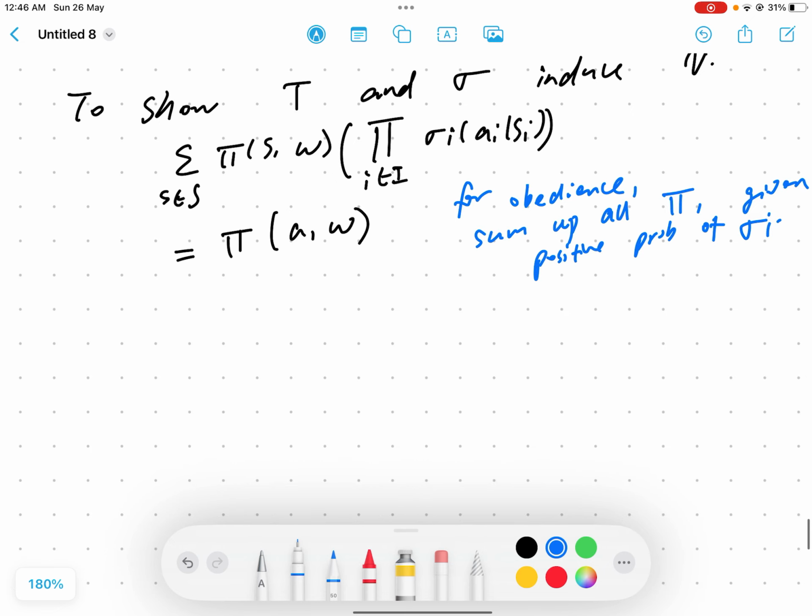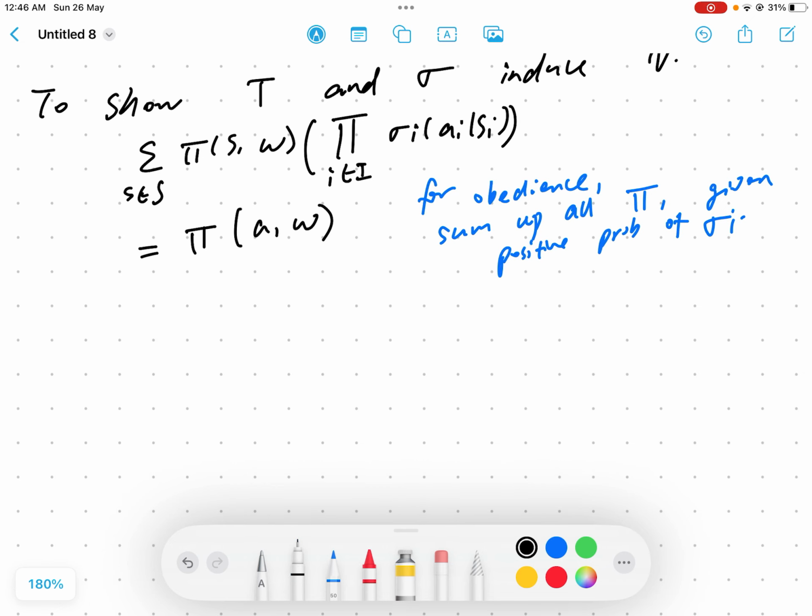That's what we're doing here. So that gives us this pi a omega, and by our definition, our pi is then defined as the V. So that's our outcome.